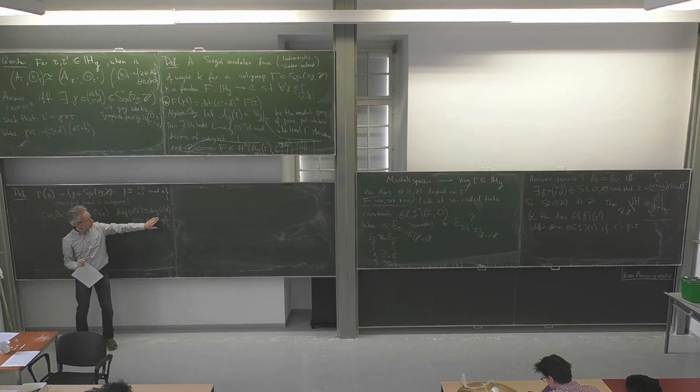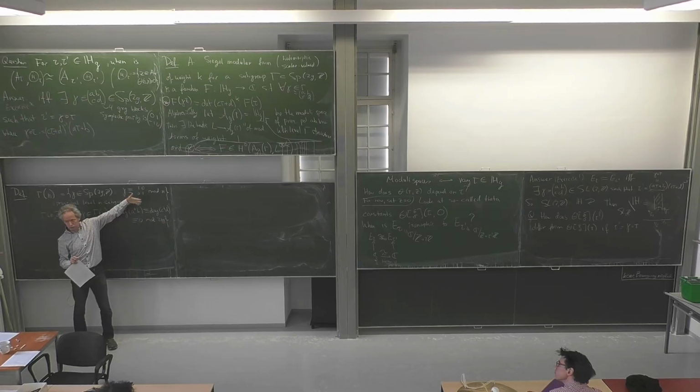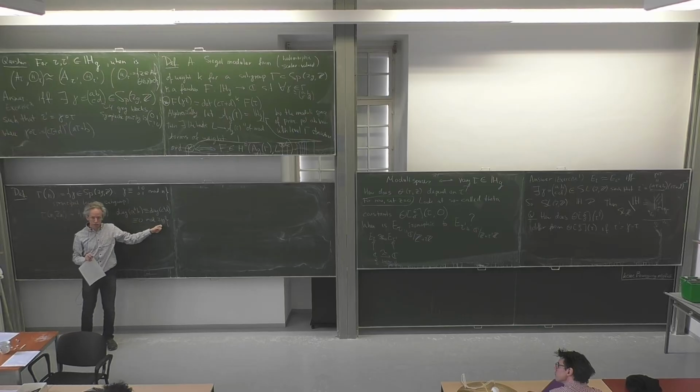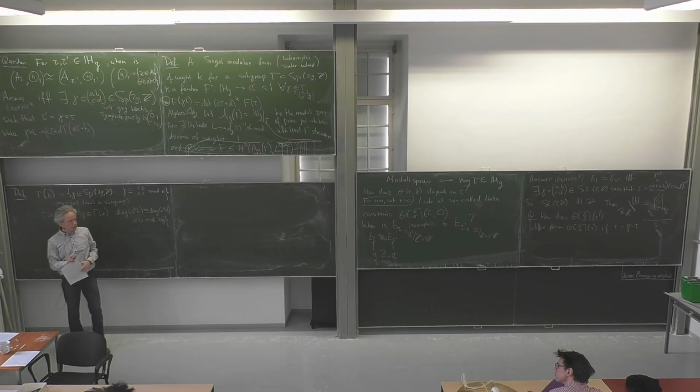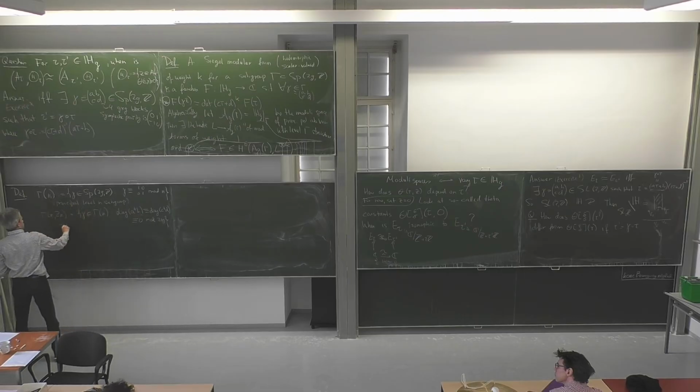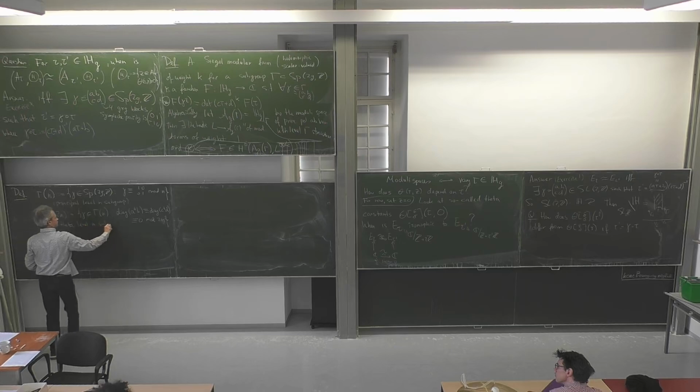So mod n is automatic. A is congruent to 1, B is congruent to 0 mod n. So this is to say B is all divisible by n. So this guy is certainly all divisible by n, but I want by 2n. Not clear that it defines a subgroup. When you look at it, you can check. This is called the theta level n subgroup.